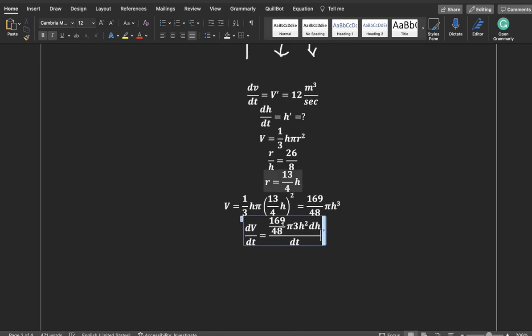So immediately we also know that h is equal to 4r over 13, which if you substitute in the value of r, you would get 40 over 13.